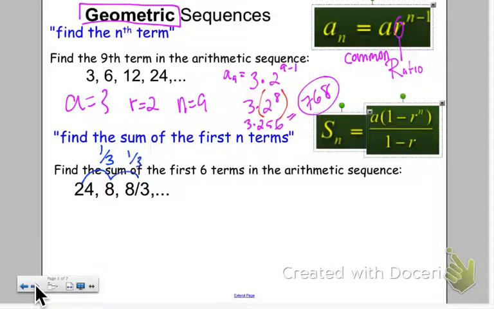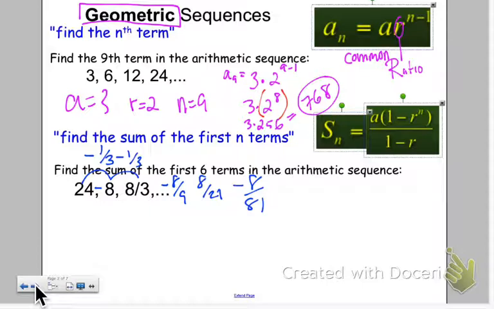And with these ones, if you multiply by a negative number, it's going to flip-flop. So if it was negative 1/3, this one would be negative, and then a negative times a negative is positive, and then you'd have negative 8 over 9, and then a positive 8 over 27, and then negative 8 over 81, and so forth, and they would flip-flop.